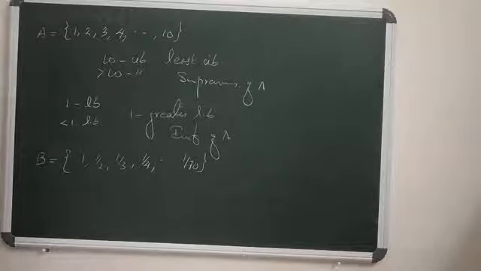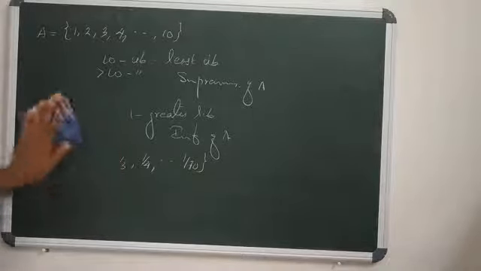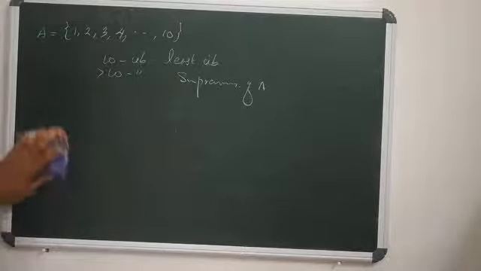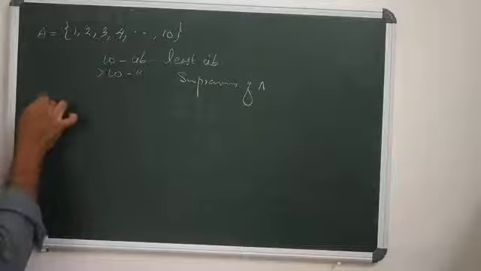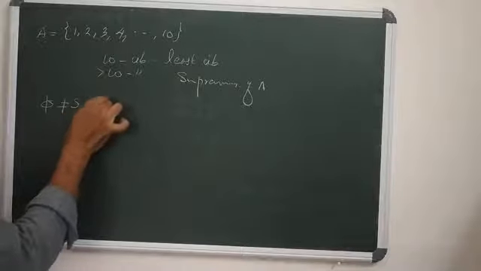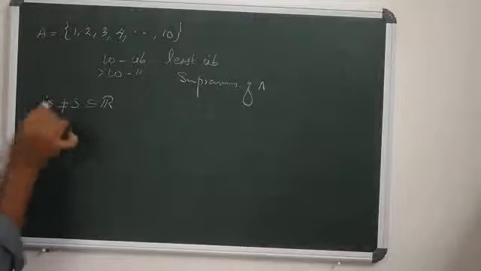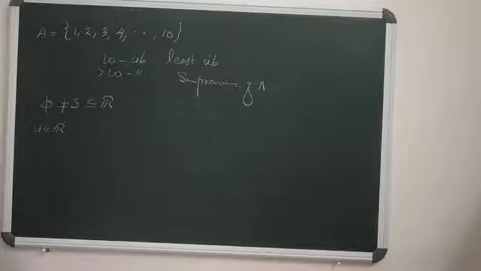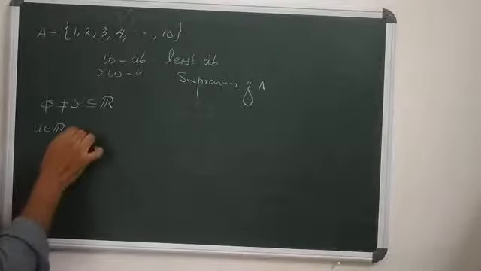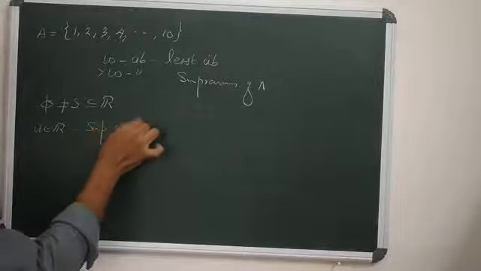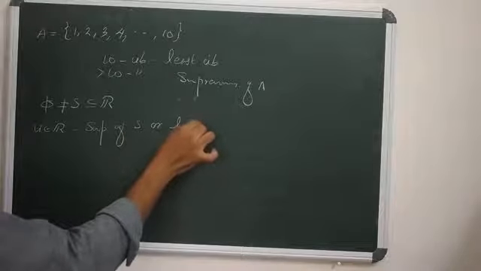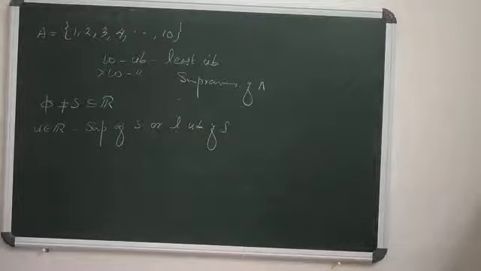Okay. So how do we define supremum and infimum in general? Consider a set. Let S be a non-empty subset of R. Then an element U in R is said to be the supremum of S, or least upper bound of S, if no element less than U is an upper bound.